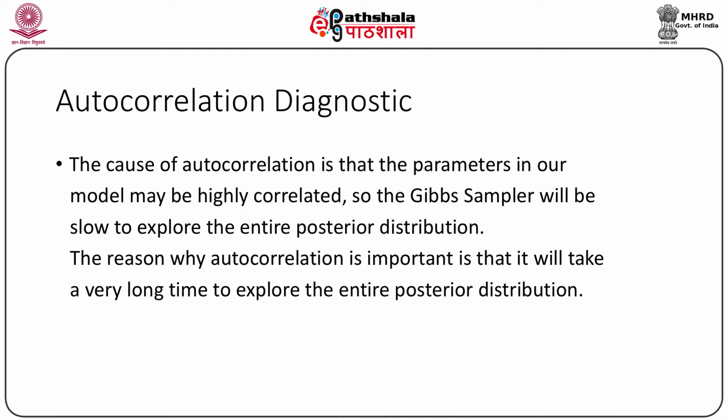When this dampening doesn't occur, then you have a problem and will probably want to reparameterize the model. More on this will be discussed next. Again, in your notes you will find some examples of the problem with autocorrelation.